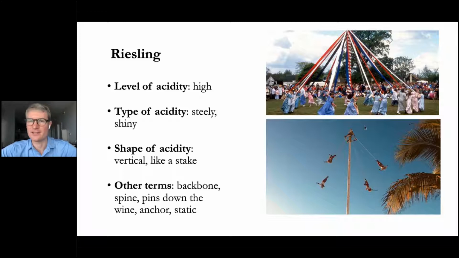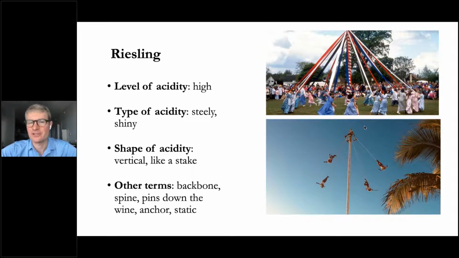But to me, what I love about Riesling acidity is the steeliness of it, as if it's reflecting back the light. It kind of glints or shimmers in the light, which is why I call it shiny. And I'll come back to that in just a sec and explain more what I mean by that.